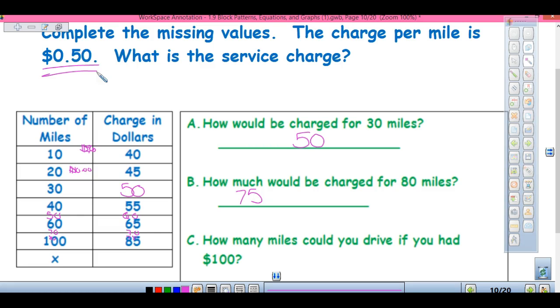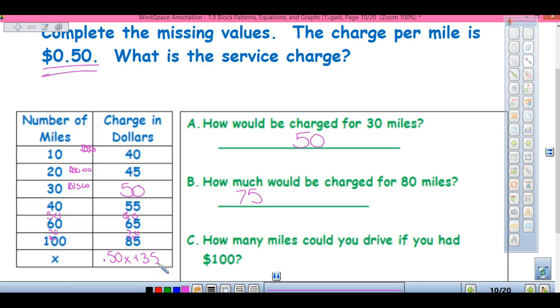So if we're going 30, so 50 cents times 30 is what? $15. And they added what? 35. So, what is my equation? 50 cents times X plus, how much did they charge each time? $35.